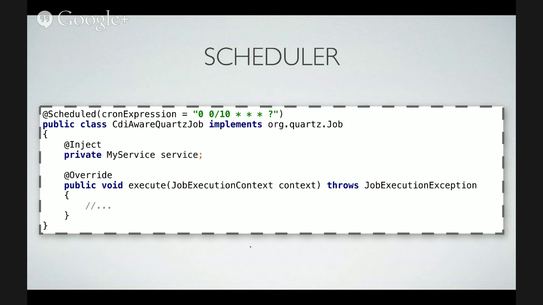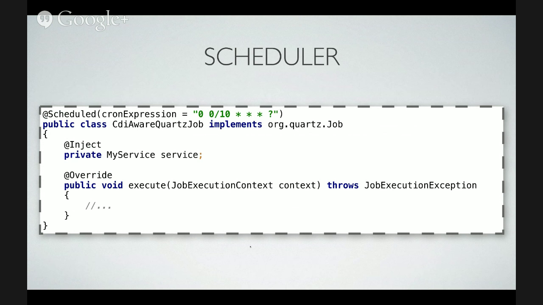Next feature will be the scheduler feature. It's quite straightforward. It works with the Quartz framework, and you have a bunch of solutions to schedule your jobs. So you define a Quartz job, and you add the @Scheduled annotation with the cron expression, and you can launch your jobs when you want them to be scheduled.